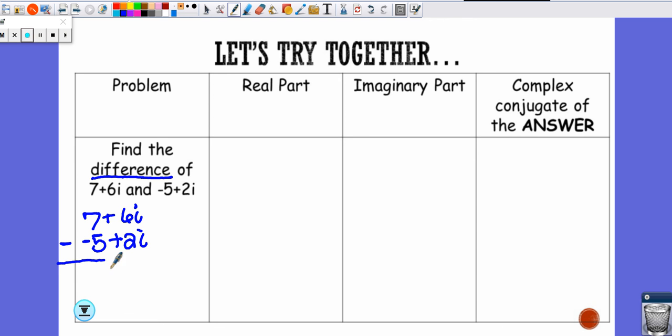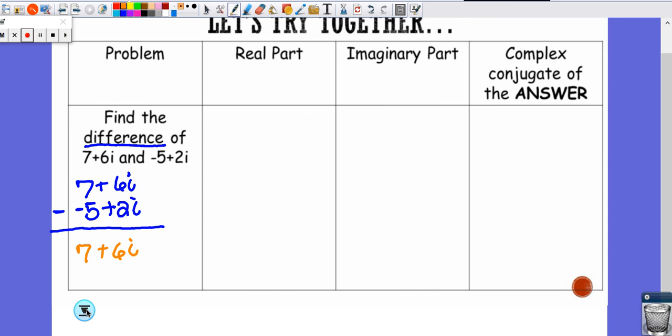Now you need to be careful with the difference sign, because now this minus right here is telling you to take the opposite of this one. So I'm just going to rewrite it. So I'm going to say 7 plus 6i. That minus tells me to take the opposite of the 5, so that becomes a plus. And this minus tells me to take the opposite of the positive here, which is going to be negative 2i.